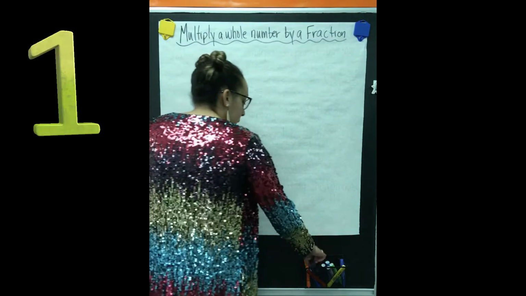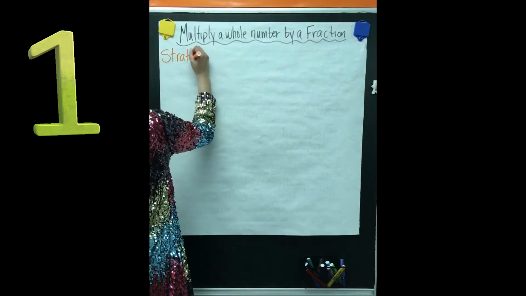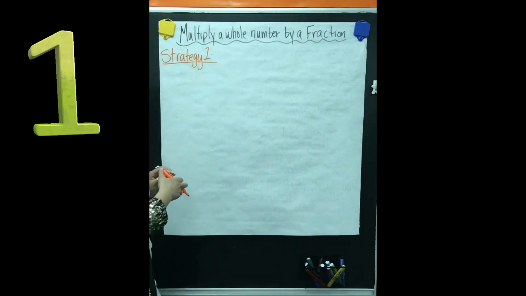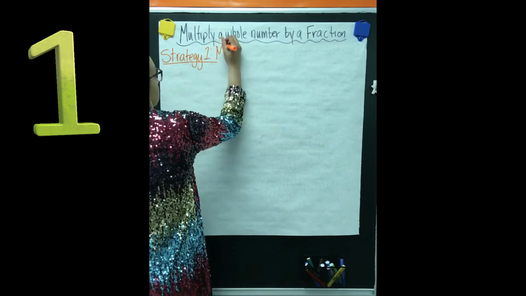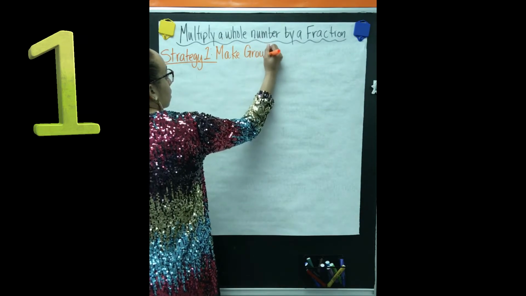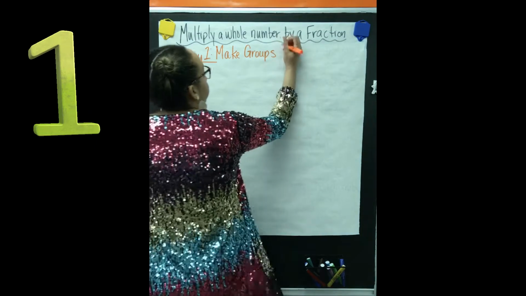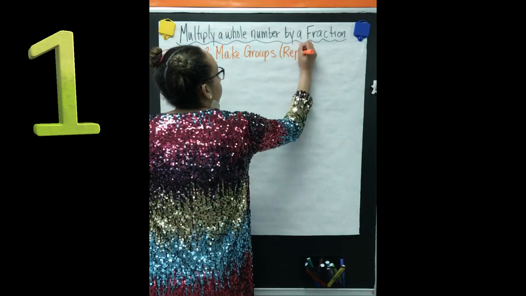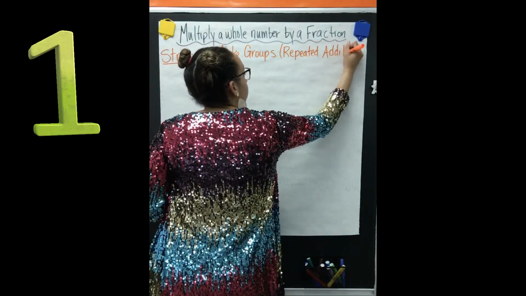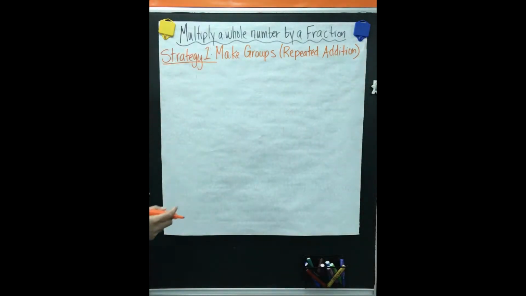And strategy 1 is going to be make groups, or we're going to call this one repeated addition.